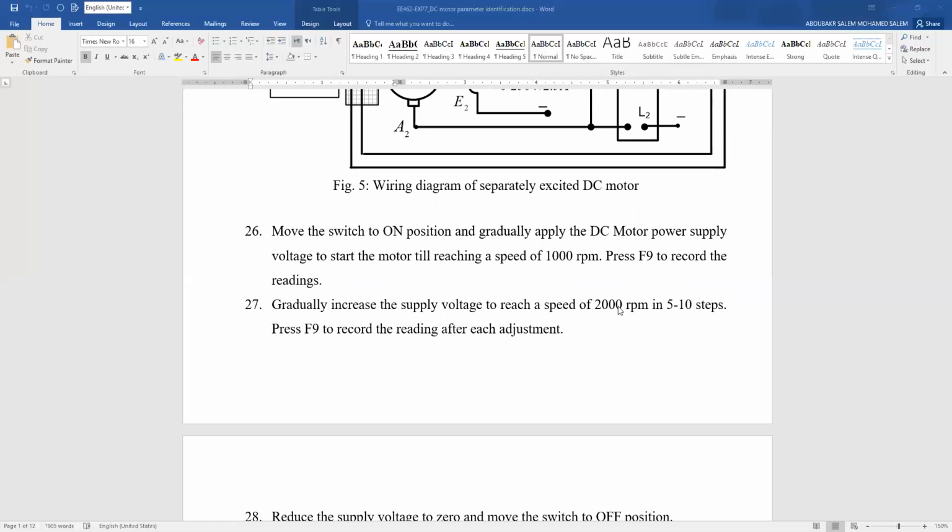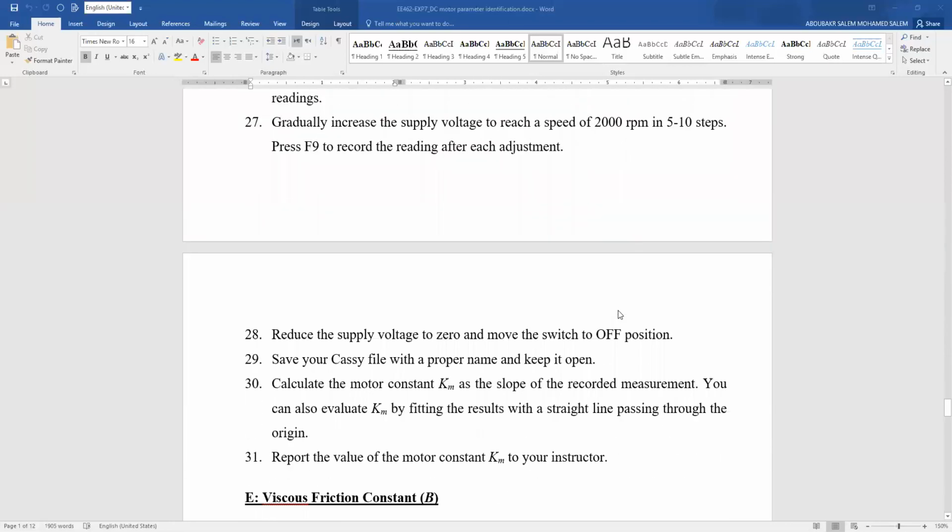But take care, when we make this test, we have to wait at each speed for 1 or 2 seconds and then press F9. After changing the voltage, we have to wait a bit and then press F9. This is to be sure that the machine speed has reached the steady state of the newly applied voltage.